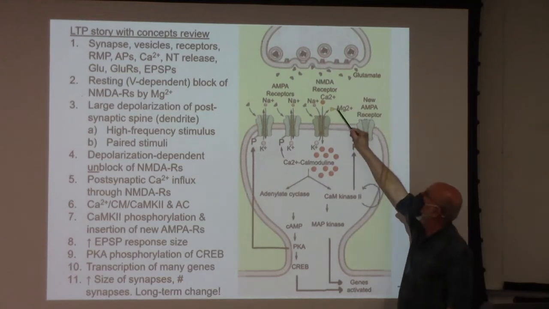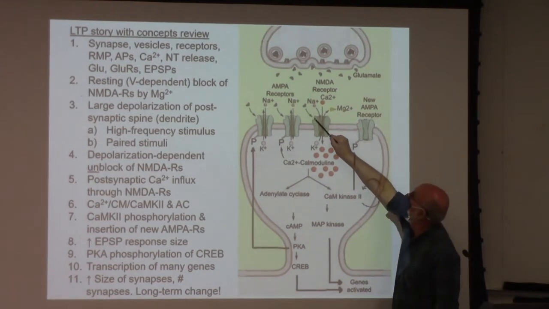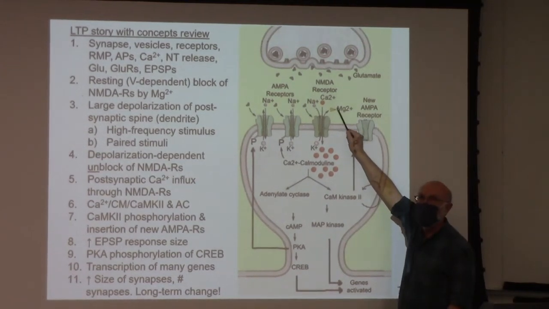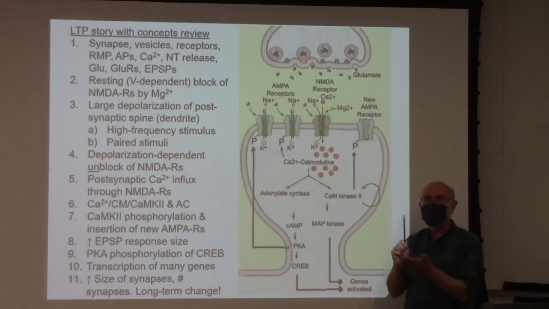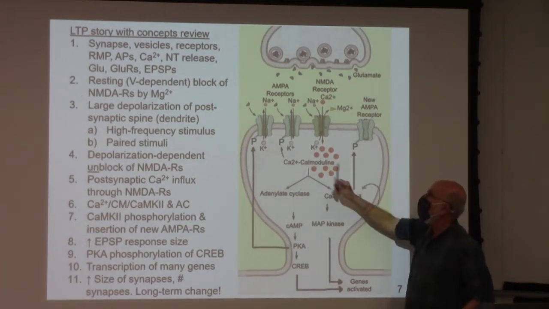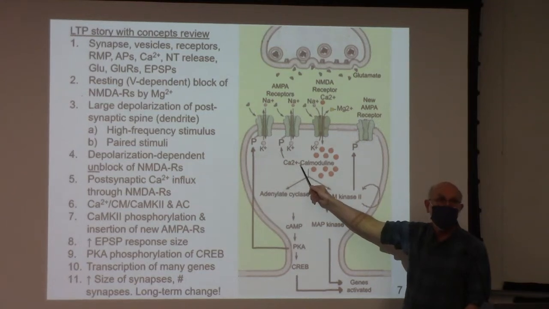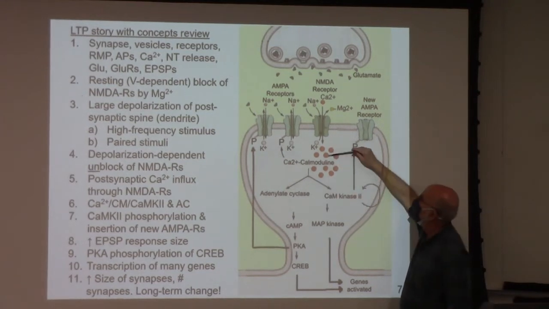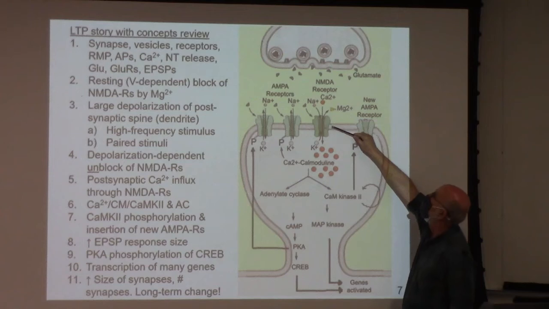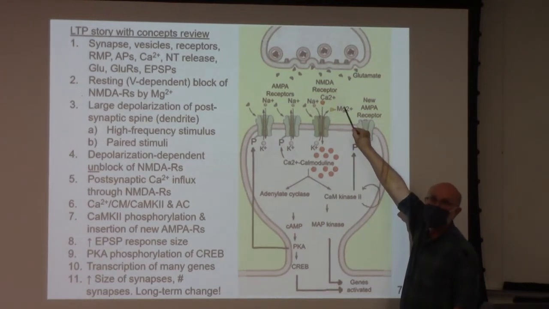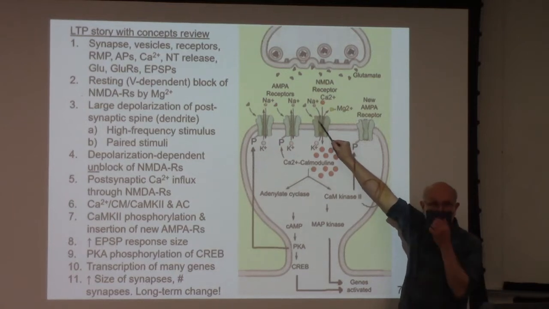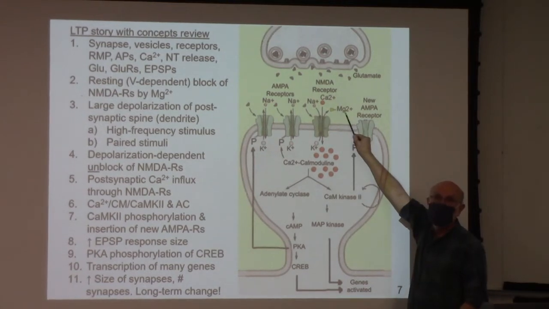But this receptor, even though it's binding glutamate, it's blocked. But if there's been a train of action potentials that has depolarized this postsynaptic cell a lot, then this area is depolarized and it kicks the magnesium off. Now this receptor is activated and unblocked.